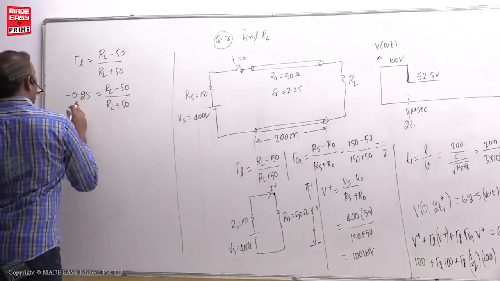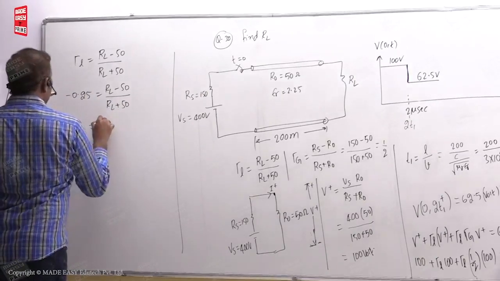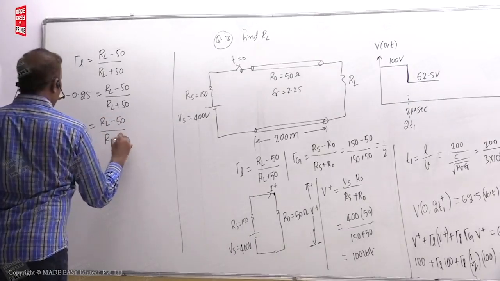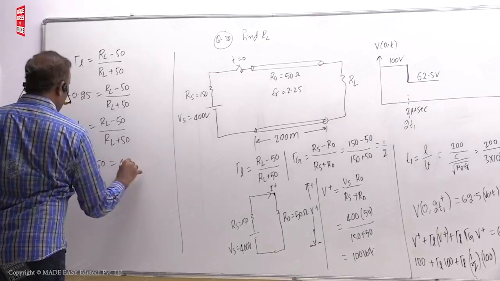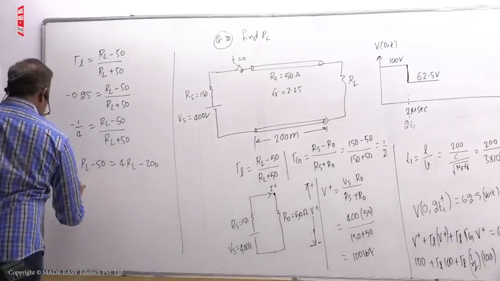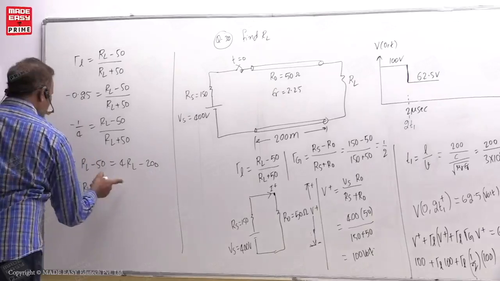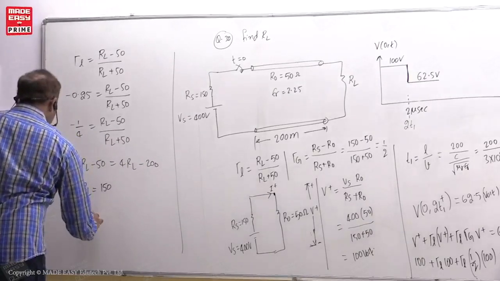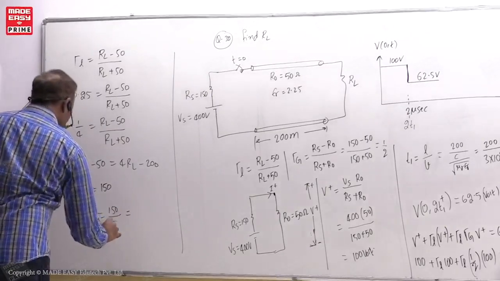This is minus 1 by 4, cross multiplying, minus RL minus 50 is 4 RL, 200, this side 5 RL, this side 150, RL is equal to 150 divided by 5.